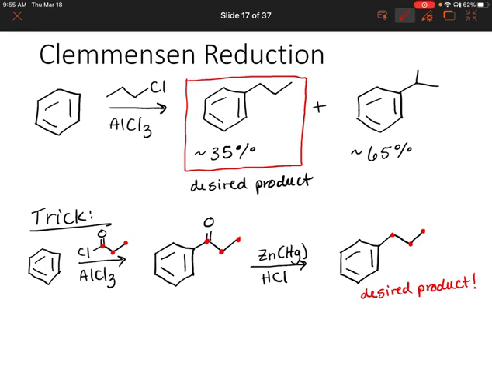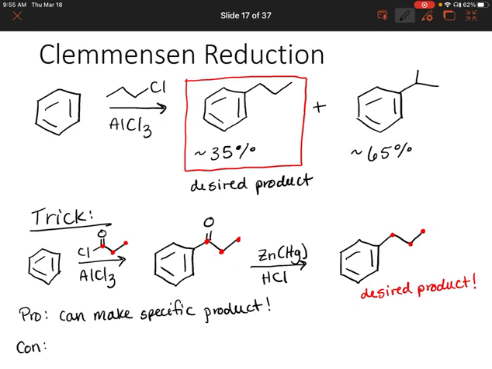Okay, so the pros and cons here for this reaction. So the Clemmensen reduction. The pro is that you can make a specific product without a mixture of products.